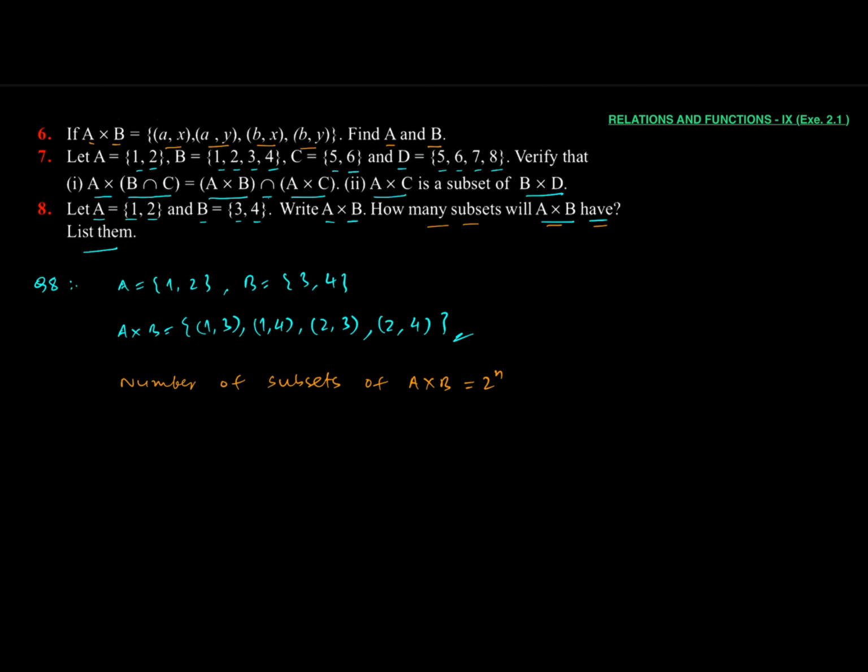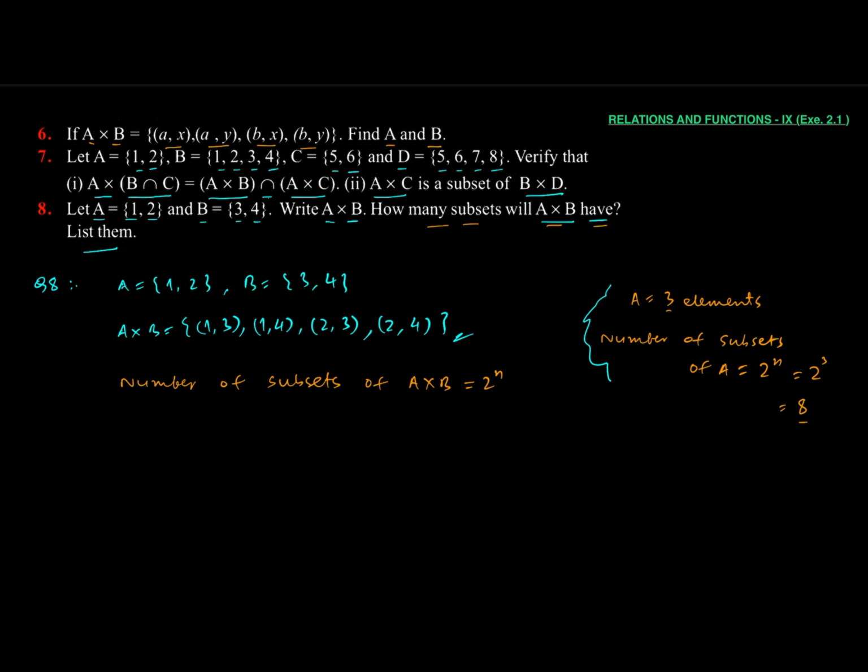We know that the number of subsets of any set A, suppose if set A has 3 elements, the number of subsets of A will be equal to 2 powered n, where n represents the number of elements of set A, which is 3 in this case. That will be equal to 8. So here in this case, set A will be having 8 subsets.